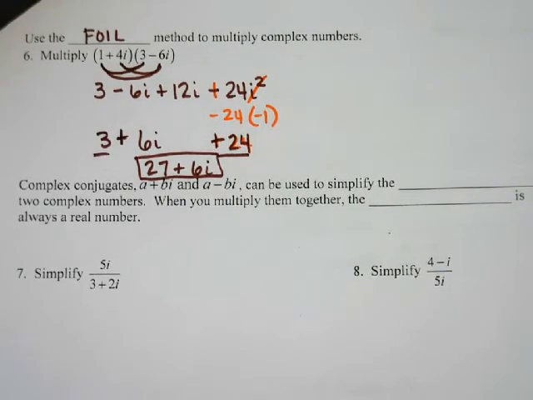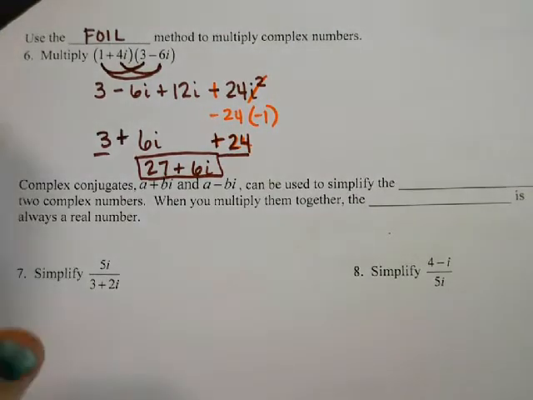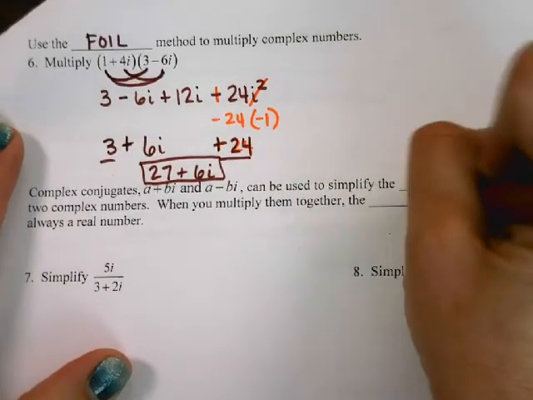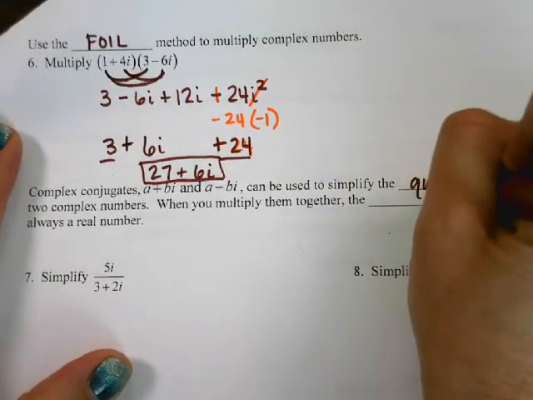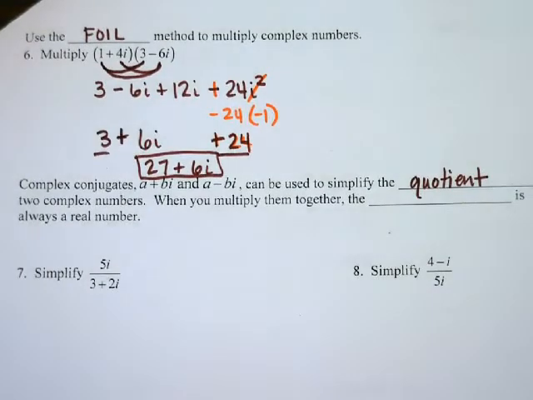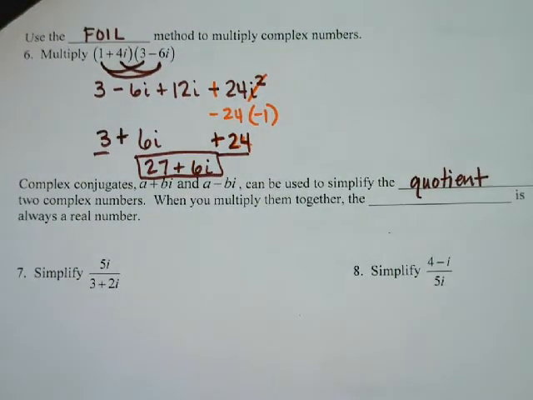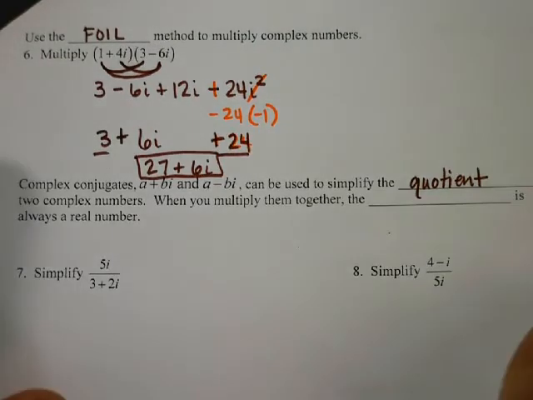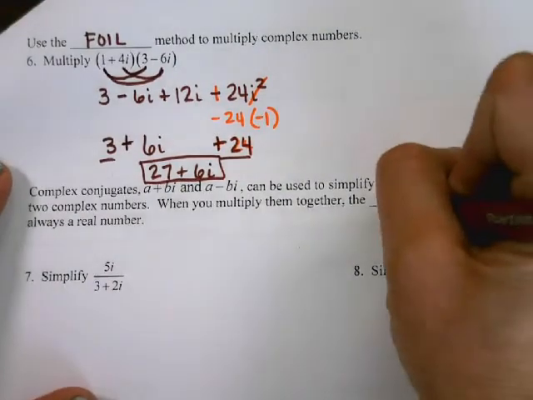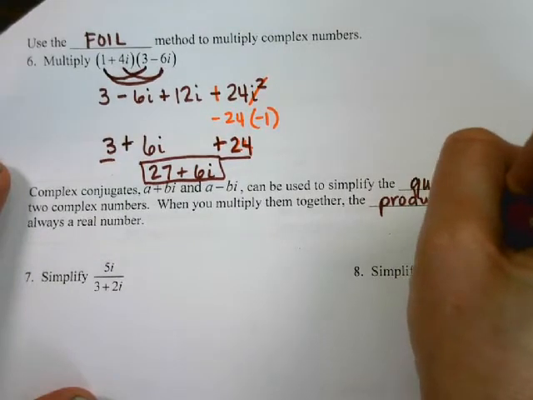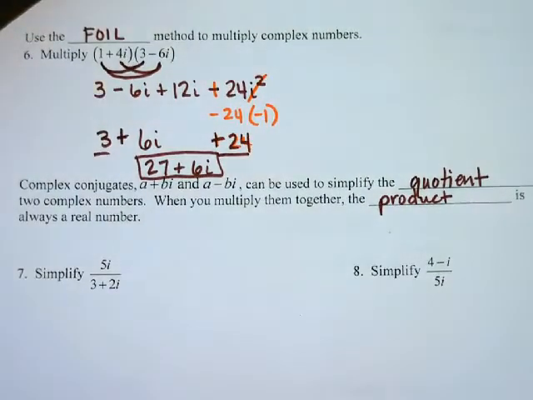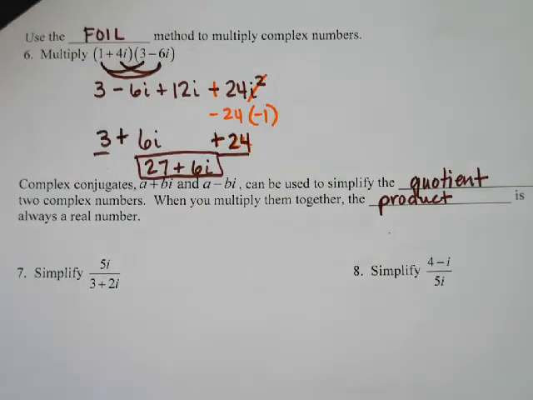So a plus bi and a minus bi can be used to simplify the quotient, or the division problem, if you will, of two complex numbers. When you multiply them, the product is always a real number. Just like when we multiplied conjugates that had radicals in them, we got a number, right? When we multiply conjugates that have an imaginary number in them, we'll get a number.